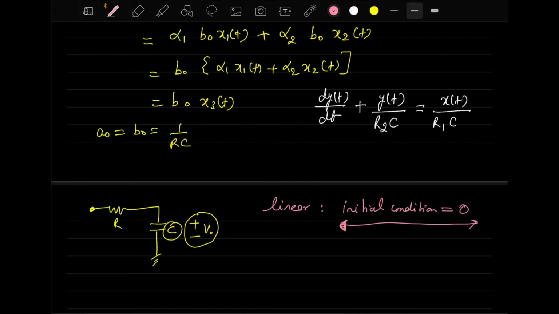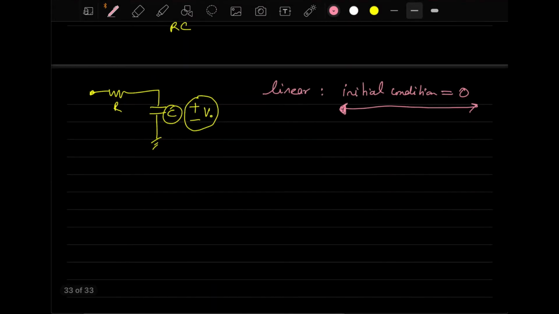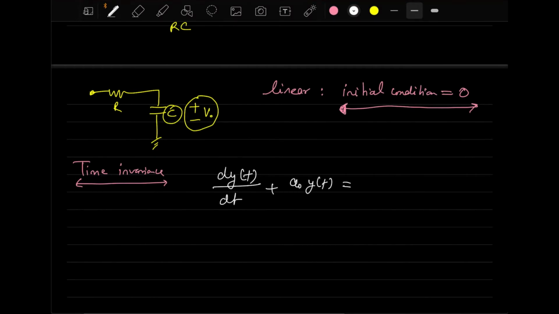And the second thing is to check the time invariance. In order to check the time invariance of the system, it's very easy. We have dy(t)/dt plus a0 y(t) equals b0 x(t). This is the equation.